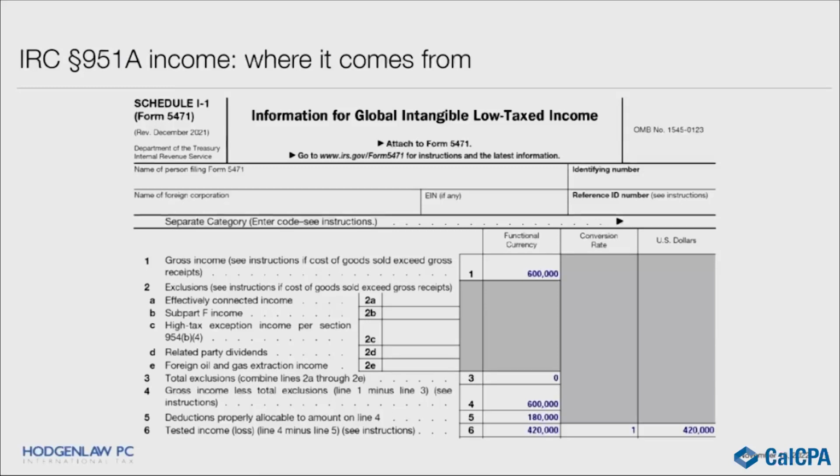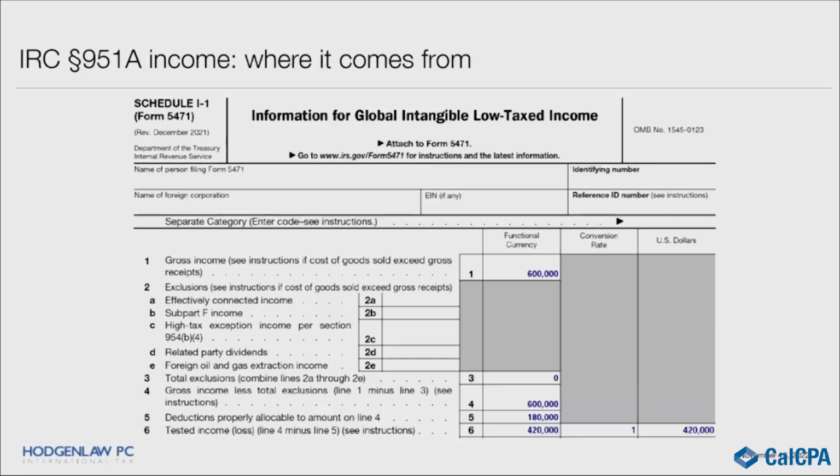Section 951A income. So this is the pretend part, and this is the fun part. Section 951A, this is global intangible low-taxed income, says that a U.S. shareholder is taxed on the net income, a hand-wavy definition, of a foreign corporation. And this comes from Schedule I-1 from Form 5471.